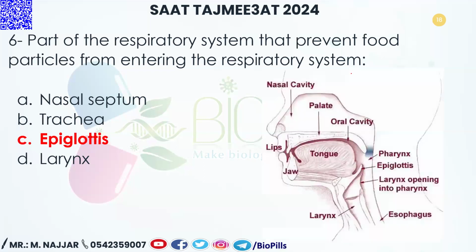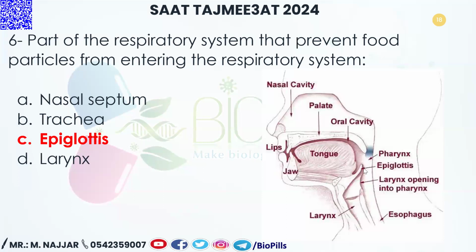And here is the structure of the epiglottis. If you have a look here, here is the mouth opening, or the oral cavity. At the end of it, there's the pharynx, which is the common pathway for both air and food. And here there is the epiglottis.